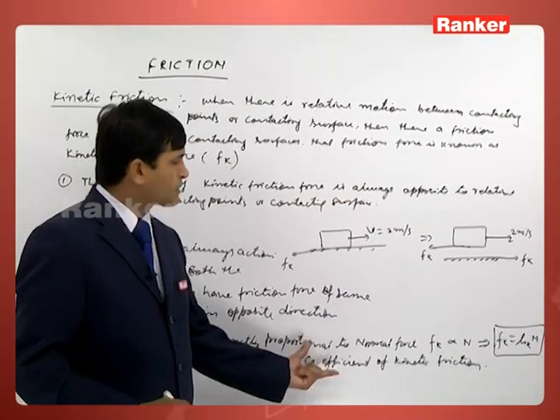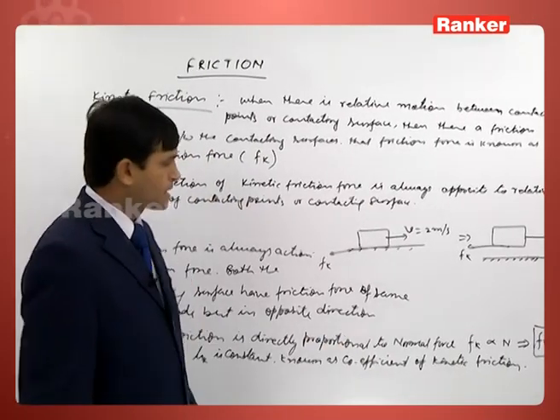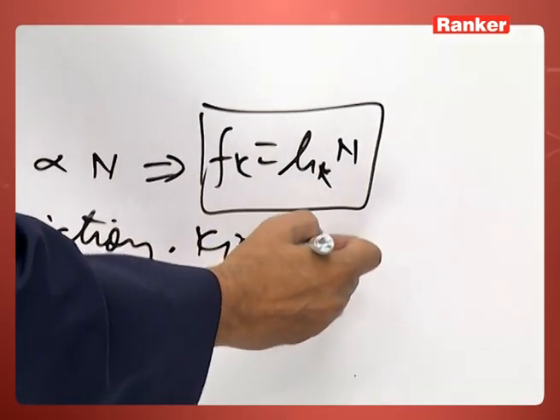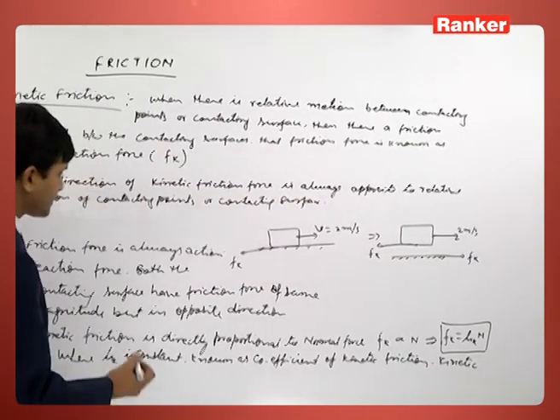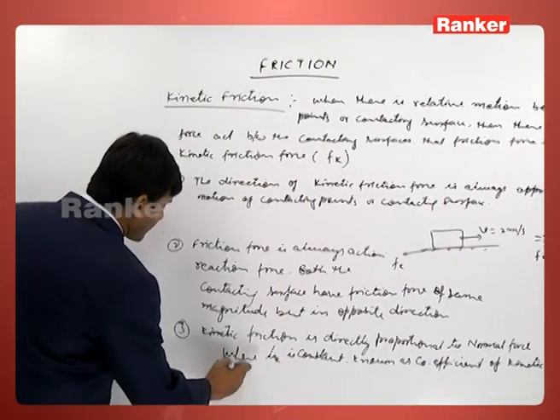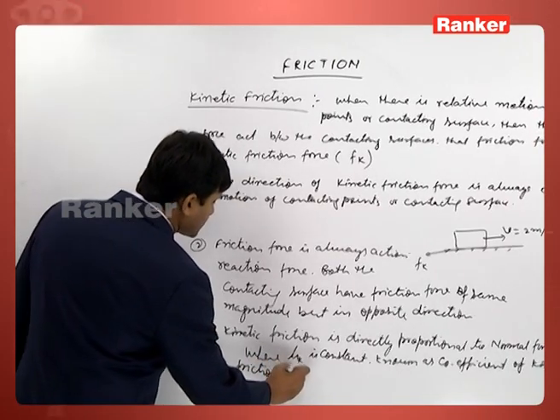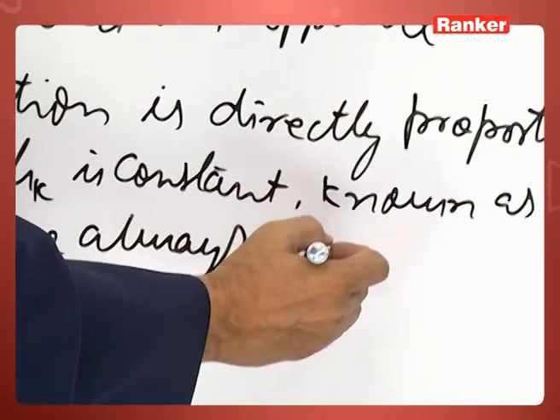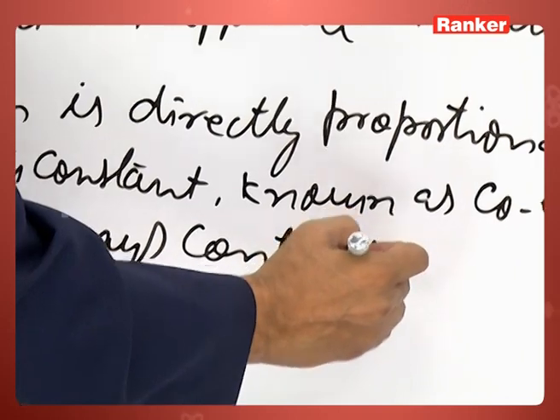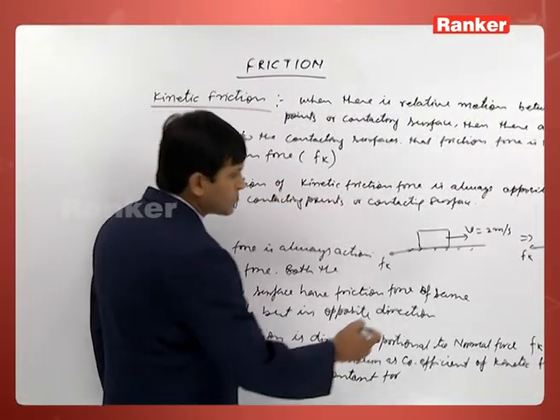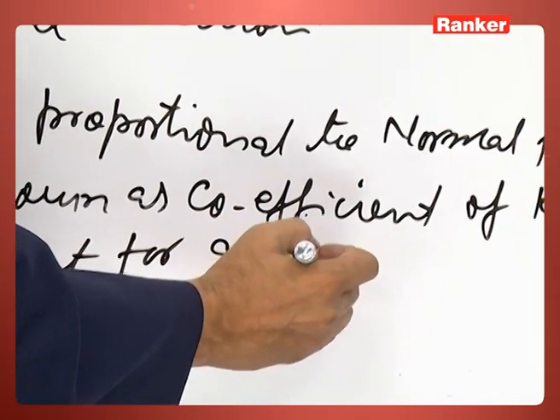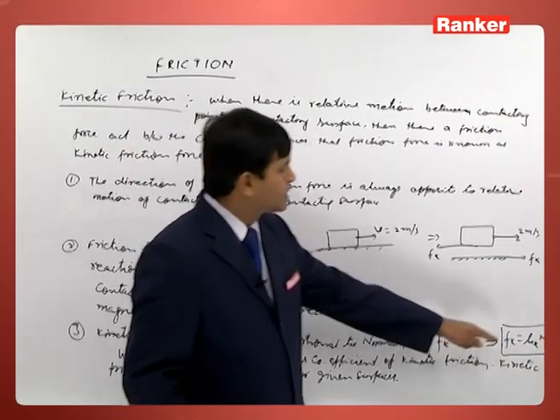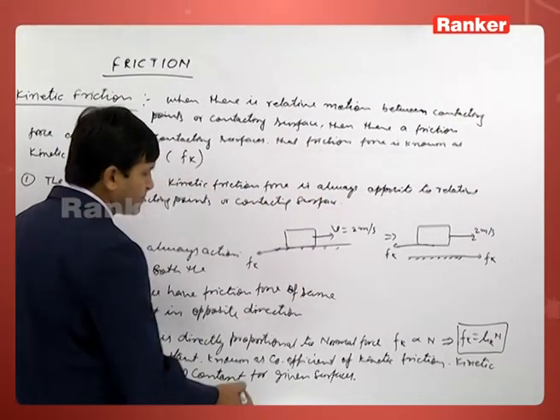And this value of kinetic friction force is always constant here. So kinetic friction force is always constant for given surfaces. It only depends on the normal force acting on the body.